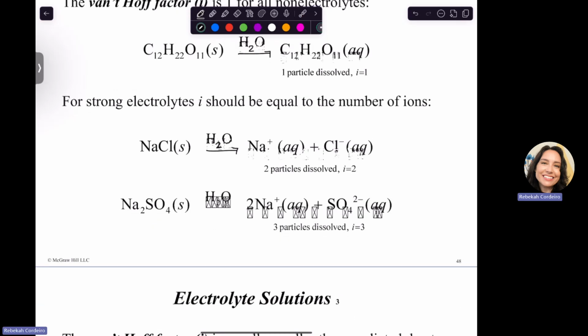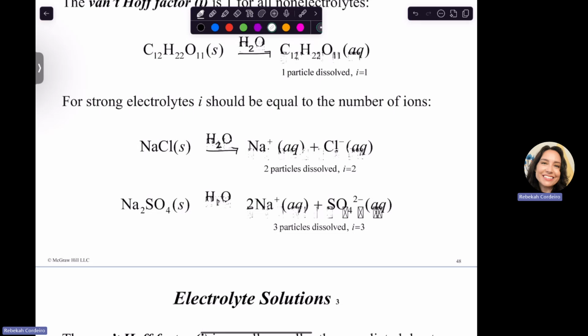For the sodium sulfate that we're looking at at the bottom, it should break into 3 ions, 2 sodiums and 1 sulfate. Now keep in mind the sulfate is a polyatomic ion. It's not breaking into sulfur and oxygens. We're not breaking apart into individual atoms, we're breaking apart into ions. Just how we would know to call this sodium sulfate and not sodium sulfur tetroxide, we have to know our polyatomic ions to recognize how our ionic compounds are going to break apart.